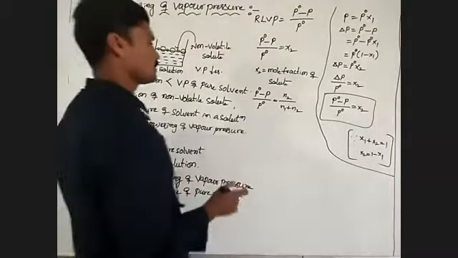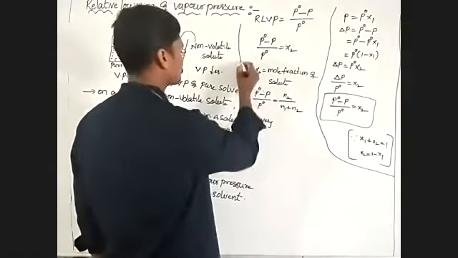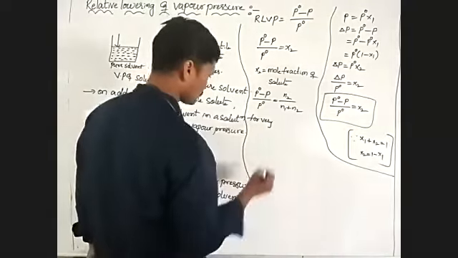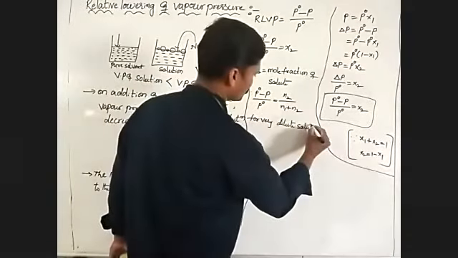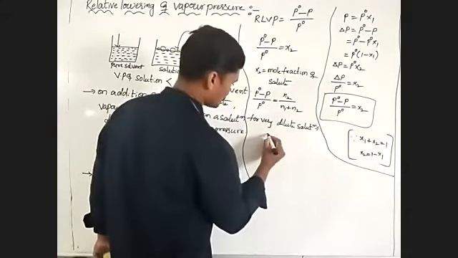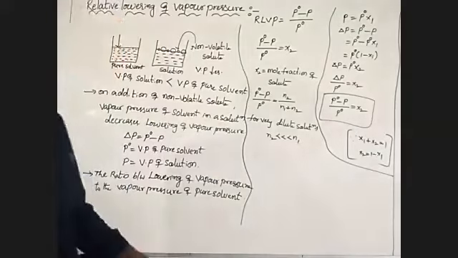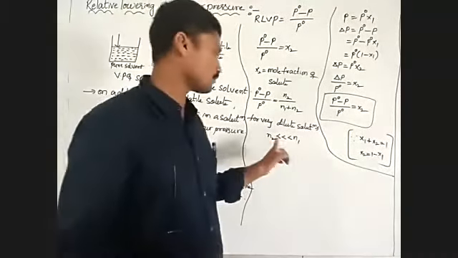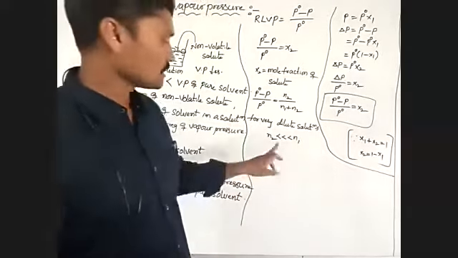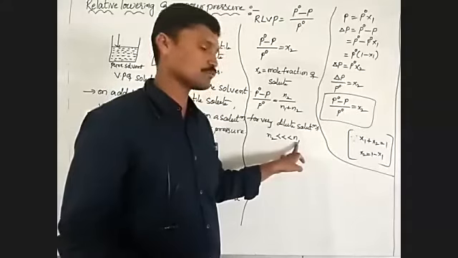For very dilute solutions, here n2 is very less than n1. That is, the number of moles of solute is negligible. n2 means number of moles of solute, and n1 means number of moles of solvent.